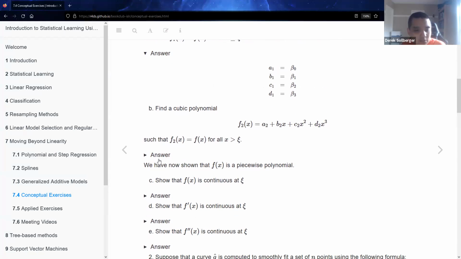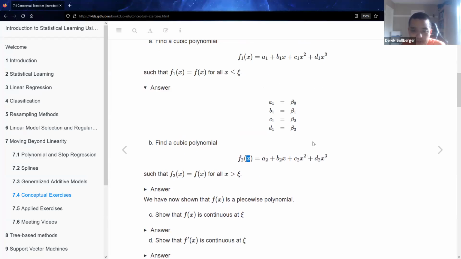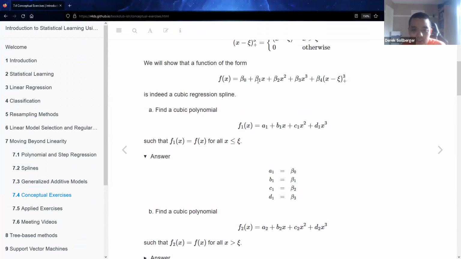I did not bother to type out all the mathematics, but the idea is you plug in all this and you worry about what would happen near x equals c, and you do the same thing with this broader polynomial as well.